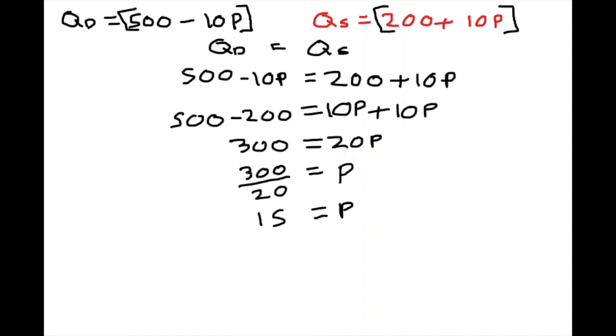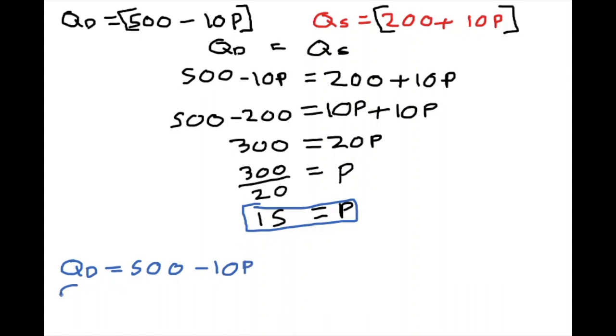What we can do next is take that example and substitute our price information into either our original demand equation or our supply equation. If I take the demand one first, our original demand was QD is equal to 500 minus 10 by price.